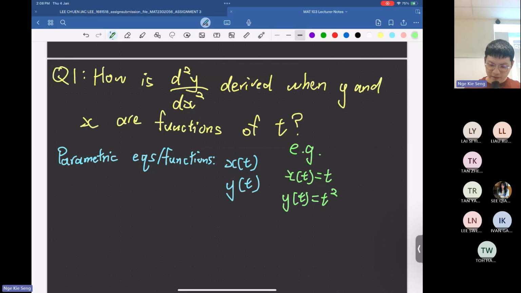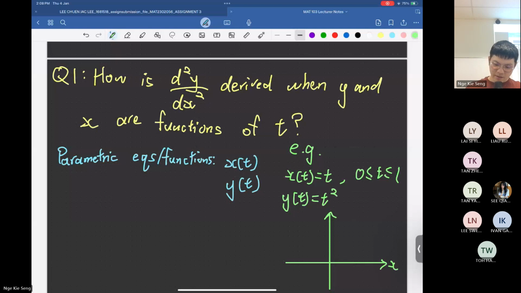Say t from 0 to 1. What path is this? What's the curve?